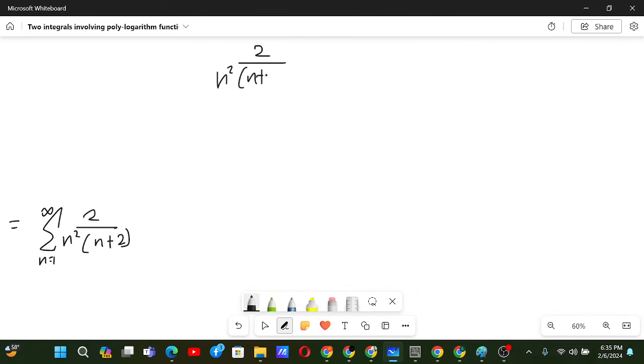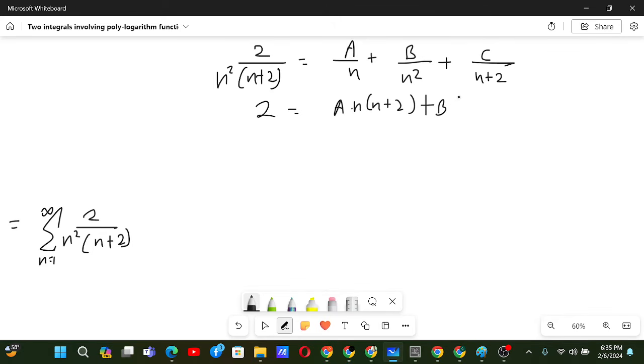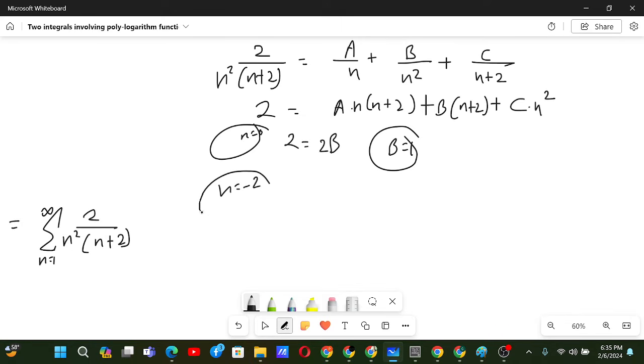2 by n squared times (n+2) equals a by n plus b by n squared plus c by (n+2). Now if we take the LCM, we have a times n times (n+2) plus b times (n+2) plus c times n squared. Substitute n equals 0, we get 2 equals 2b, so b equals 1. Substitute n equals minus 2, we get 2 equals c times 4, so c equals 1/2.